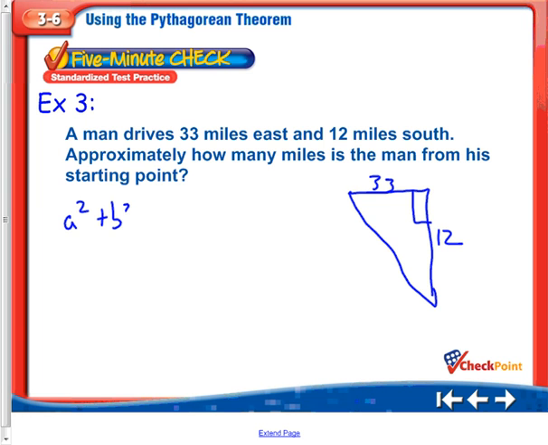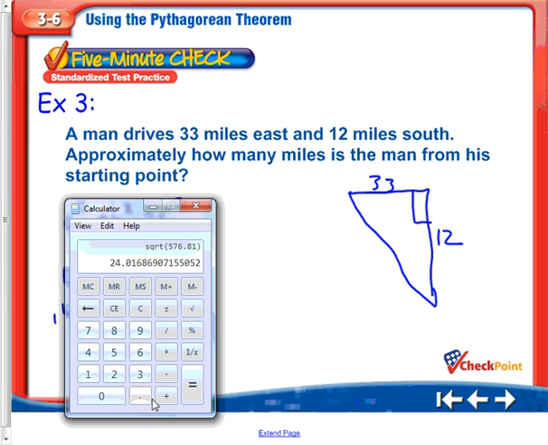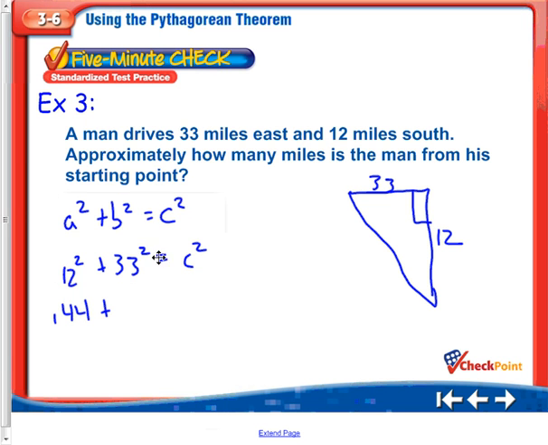A squared plus b squared equals c squared. Plug in your two legs. So we have 12 squared plus 33 squared, and that equals c squared. We have 144 plus, and if we need to use our calculators, feel free to do that. 33 times 33, and you can actually use your square button on your calculator if you have one, and that's 1089.